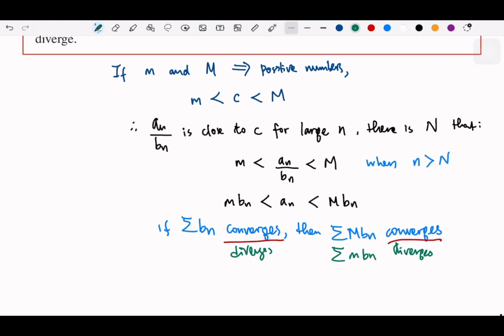So this is actually how they come up with this limit, basically they are using the direct comparison test, and they are trying to make up some finite interval, and then they are using this an and bn to make up this nice interval, which if this is going to be true, then if the bn converges, then this also converges, and if this M bn diverges, then this M bn also diverges.